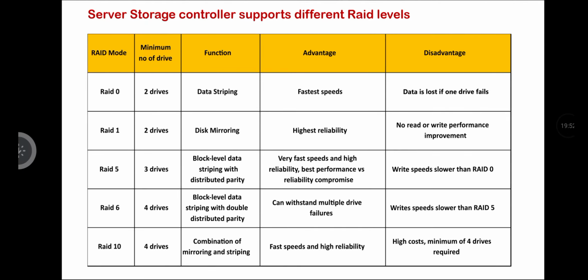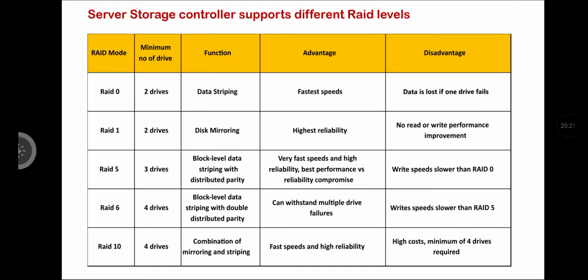Now come to RAID 10. I skipped RAID 6 just now. RAID 10 has 4 drives, a combination of mirroring and striping. Fast speed and high reliability are the advantages, and the disadvantage is high cost, with a minimum of 4 drives required. So this is the chart by which you can understand what to recommend.